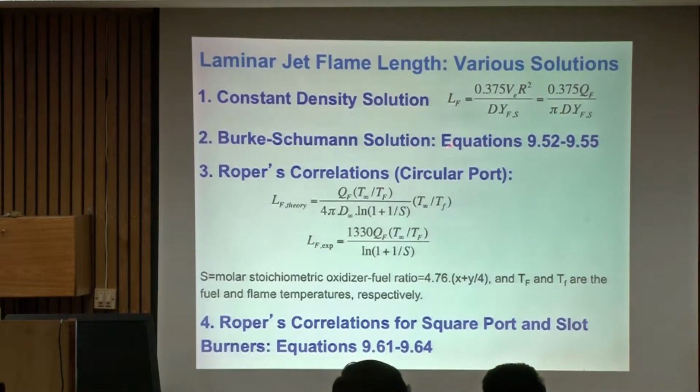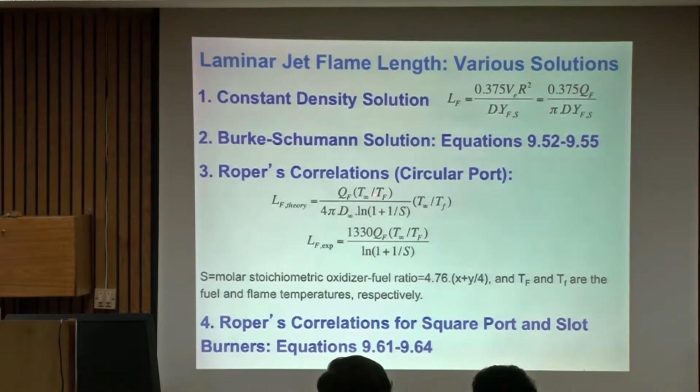Now, if you compare with the simple solution, you still have QF. Then you use the mass diffusivity, and then you have some temperature effect. So here, what is T infinity? That's the ambient temperature, and that's the fuel temperature.